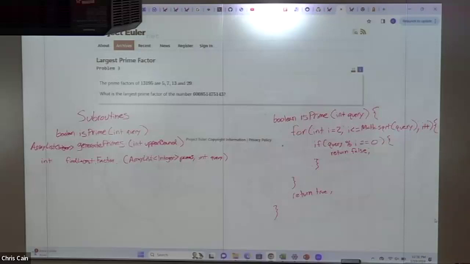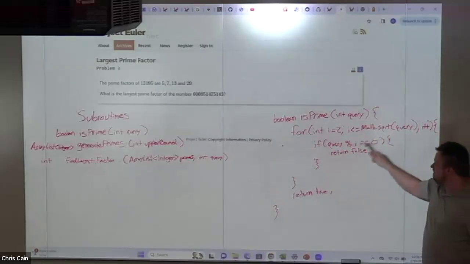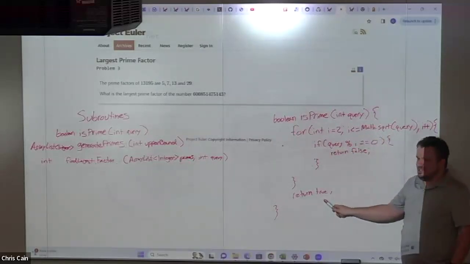So it's always worth considering, is there a faster, more efficient way to implement this? A lot of the time it's worth the extra effort that you put into thinking about the problem to find that solution. In this situation, if it's going to return true, then we'll keep checking. So it's going to fall out of this loop at the square root of the query. If it falls out of the loop, then we know that it is prime.